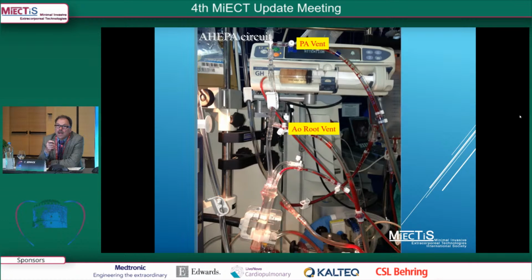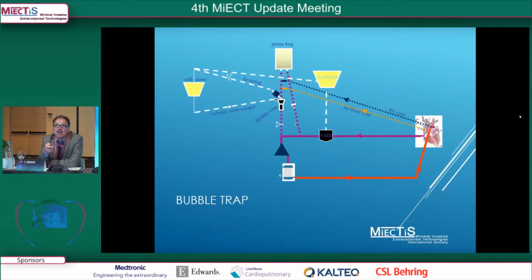And if you look at this, this is Thessaloniki's group, where they have a PA vent and an aortic root vent basically inline. You just turn a stopcock up here on top.